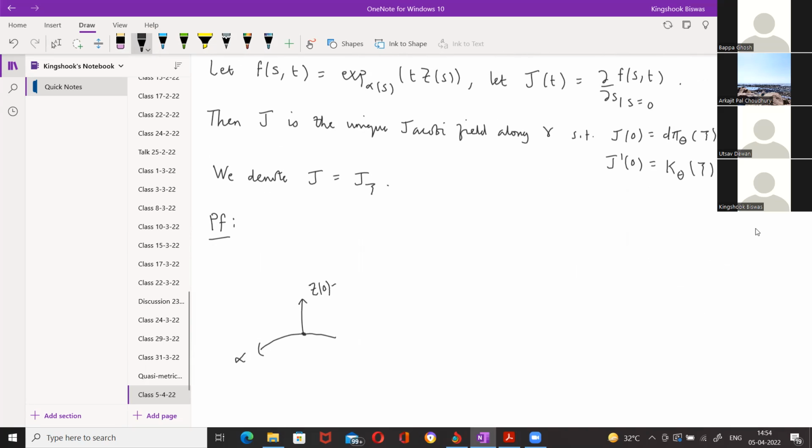Z0 is equal to V and alpha 0 is equal to P, right? And then over here I have some alpha S and some ZS, right? And these give me geodesics. So this is my gamma and this is my gamma S. So gamma is equal to gamma 0, right? This is the picture. Is this clear?